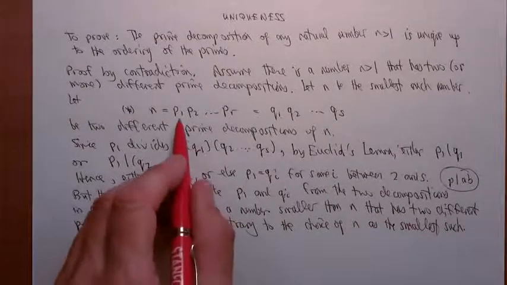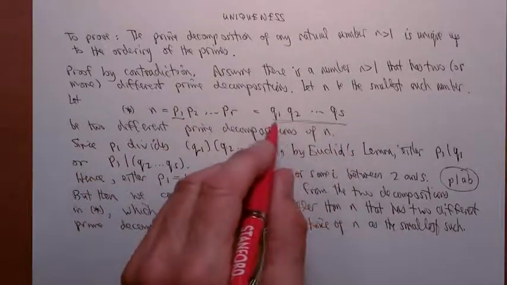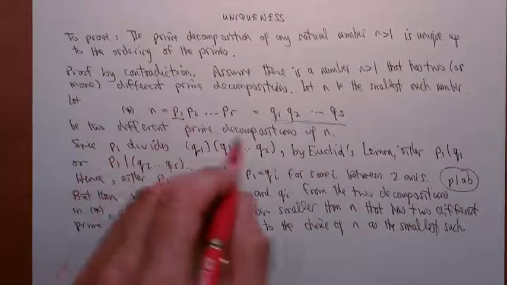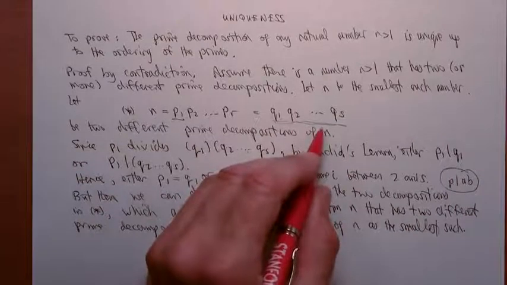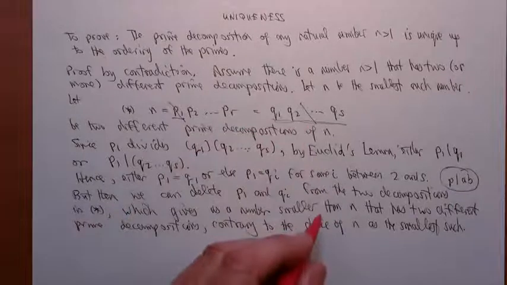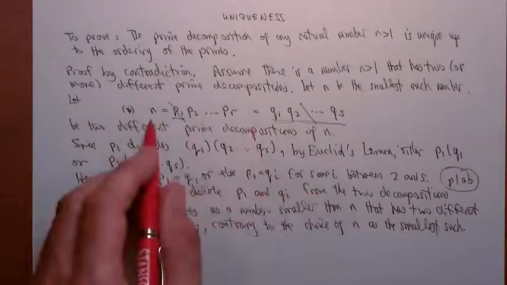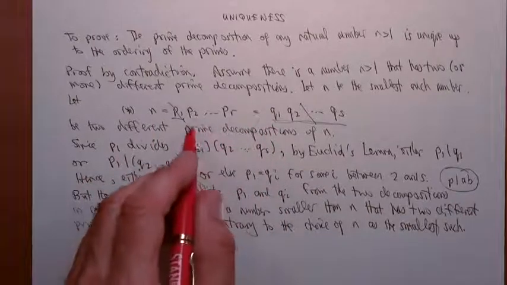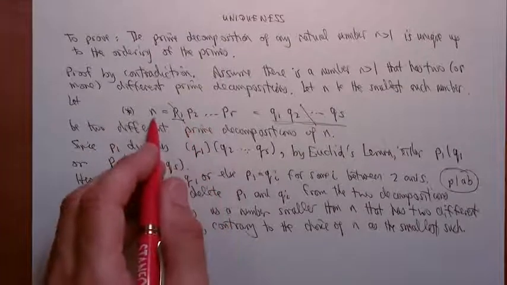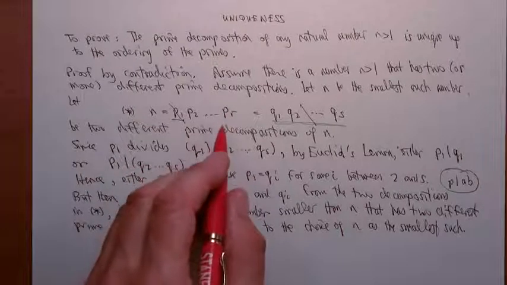Having established that p1 is equal to one of these q's, we don't know which one, but it's going to be one of them, I can delete the p1 from here, I can delete the appropriate q from there, and I still have equality, I still have a prime decomposition of a number, but having deleted that common prime, the number that I get is smaller than n. So I get a number smaller than n that has two different prime decompositions.